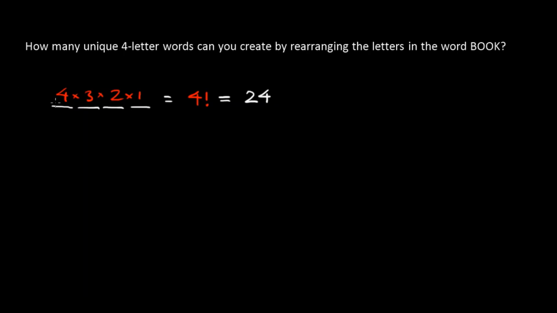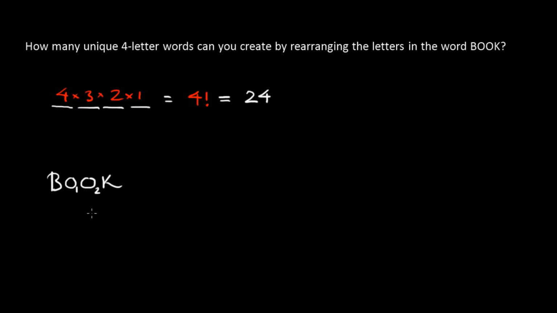Let's think about maybe one situation in particular. What if we spelled out B-O-O-K in that exact order? And even though we can't distinguish those O's, I'm going to pretend that we can, because guess what? When you just go 4 factorial to get these 24 as an answer, it's assuming that you can distinguish all 4 items.